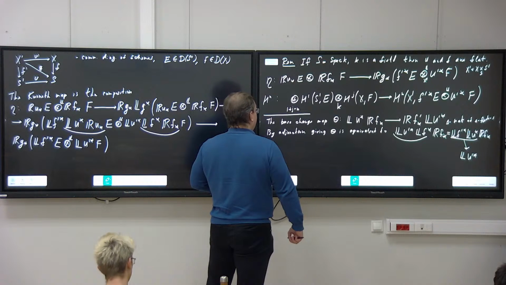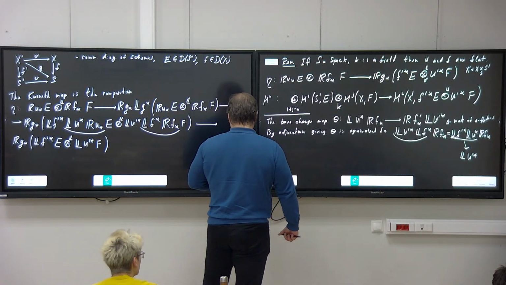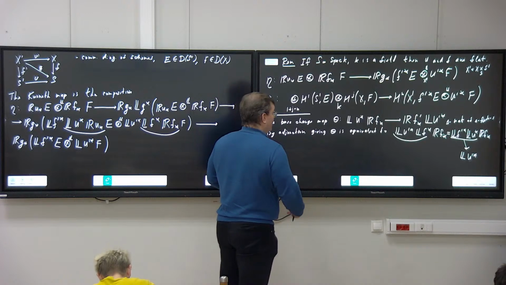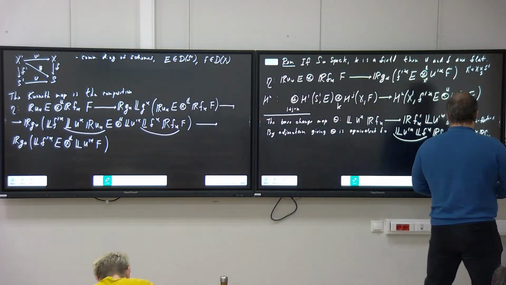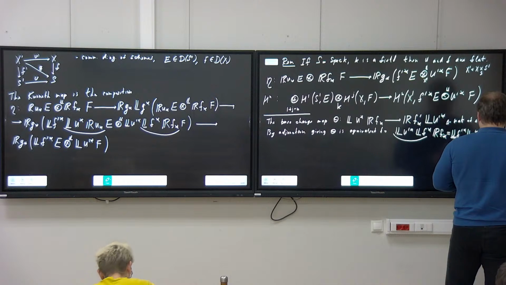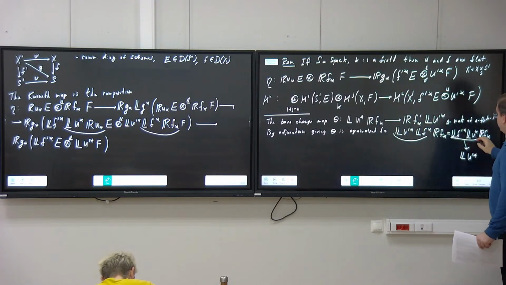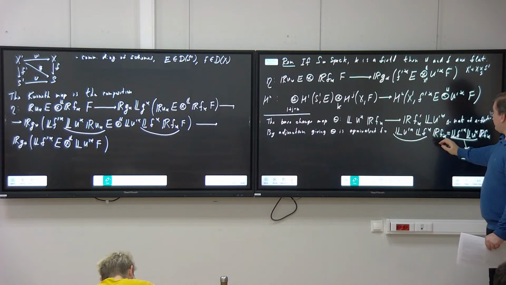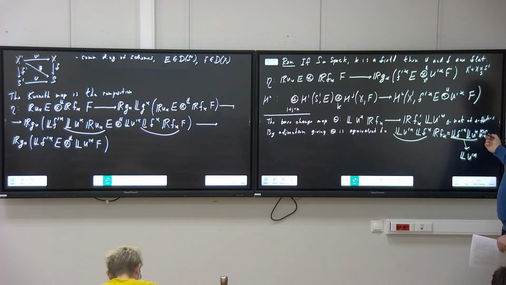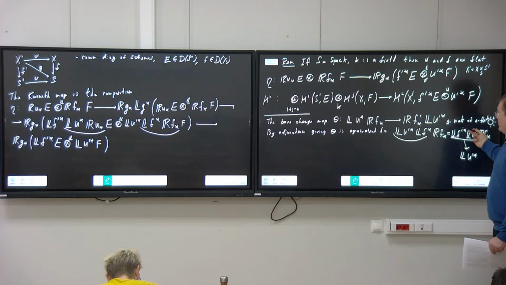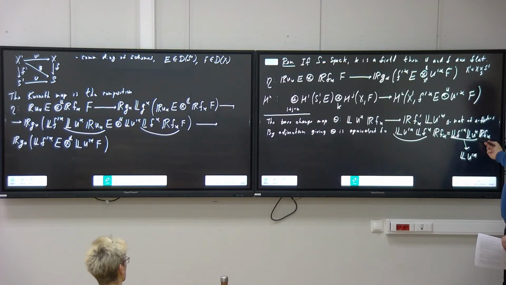Okay, so this is how we can get this map theta. So why do I need to rewrite it like this? I want to produce a map from the, well, if I think in terms of the adjunctions, I need to produce a map like this, which I can rewrite like this.